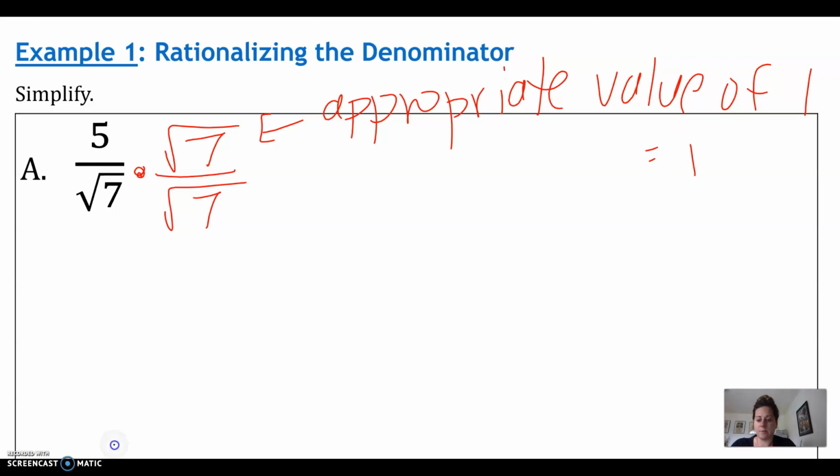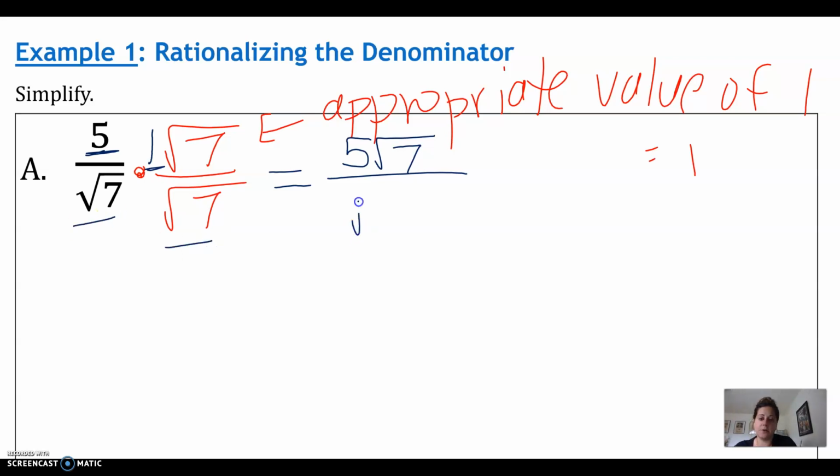So let's see if you guys remember how to do this. Multiply outside numbers with outside numbers, inside numbers with inside numbers. So you have this 5 times this 1, which is 5. The radical of 7 stays because it doesn't have another buddy in the previous fraction.